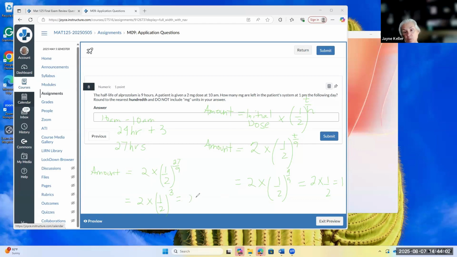Remember, cubed just means multiply 1/2 times itself 3 times. And then these two are going to cancel and give us 1. 2 times 1/2, that's 1. So I have 1 times 1/2 times 1/2, or 1/4. So I've still got 1/4 of a milligram in the patient's system the next day at 1.